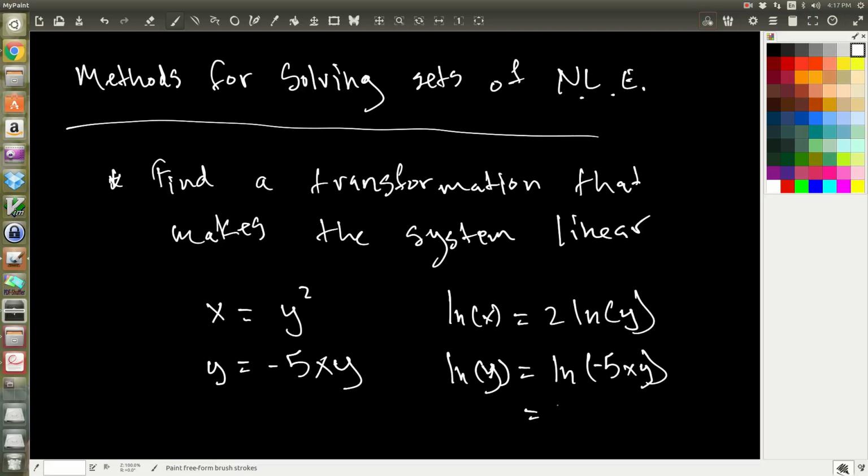Well, that's just equal to the natural log of minus 5 plus the natural log of x plus the natural log of y, using logarithm rules.